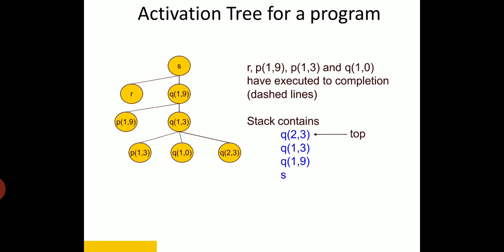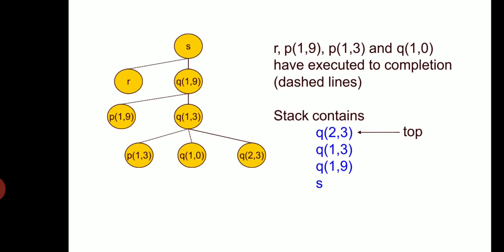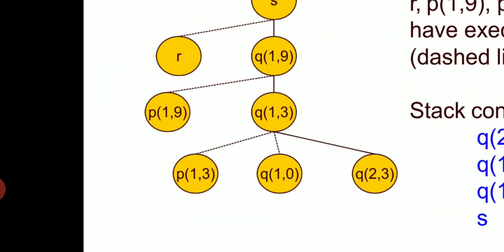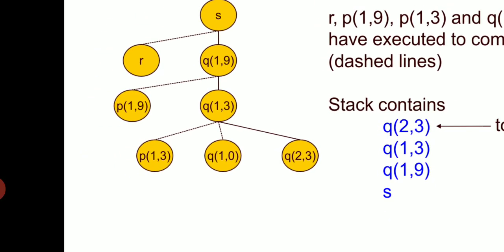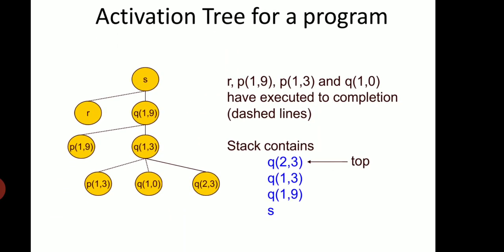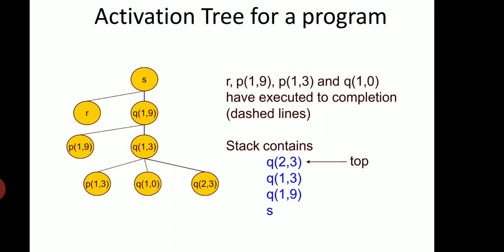That is why there is no partition over that R, because the completed executions are shown as dotted lines. This R, and this P, the activation corresponding to P, are shown as dotted lines. Here also, since that execution is completed, it's shown as dotted lines, and that will be popped off from the stack. Stack works on the principle of last in first out.